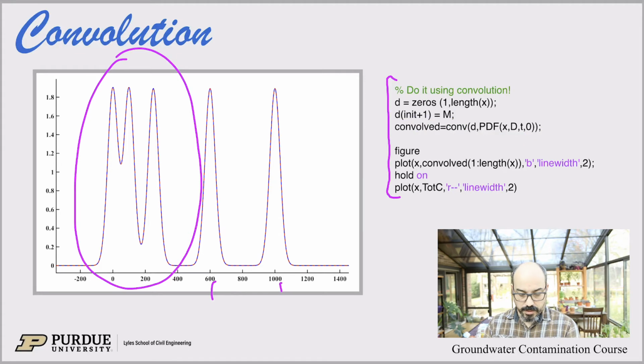So if we convolve D, which is our initial distribution, initial condition, so we have pulses of mass 150 at 0, what was it? 100, 250, I believe, 600 and 1000, right?